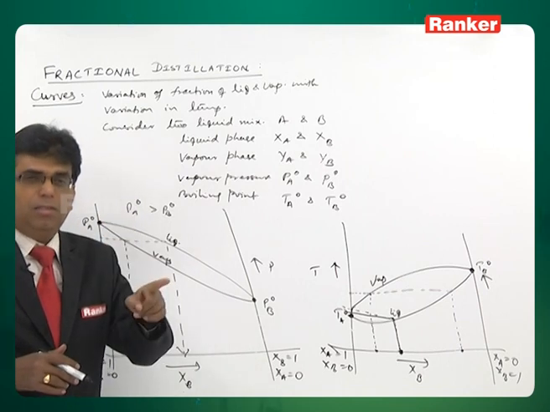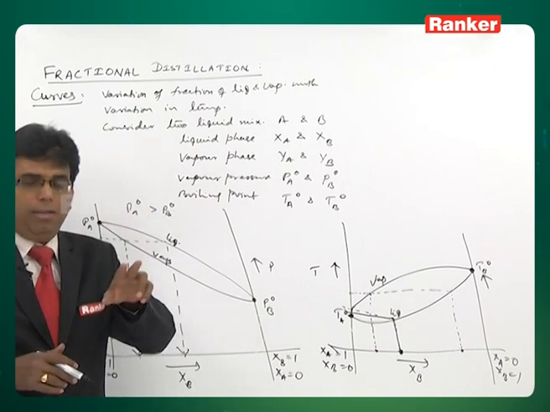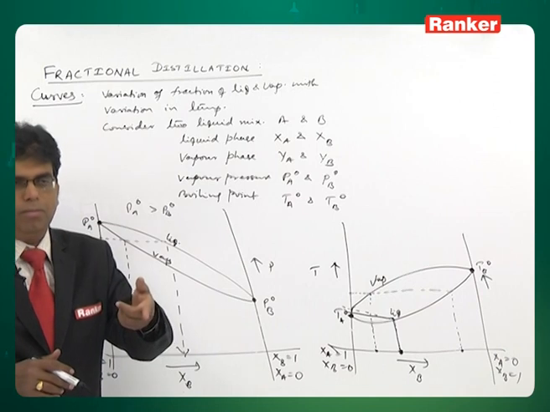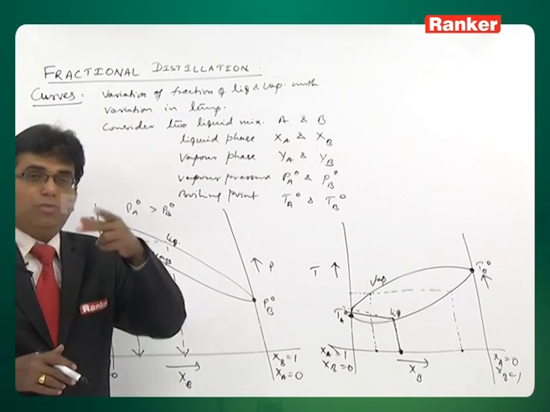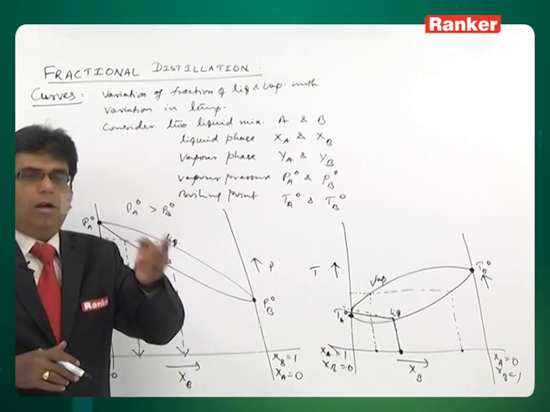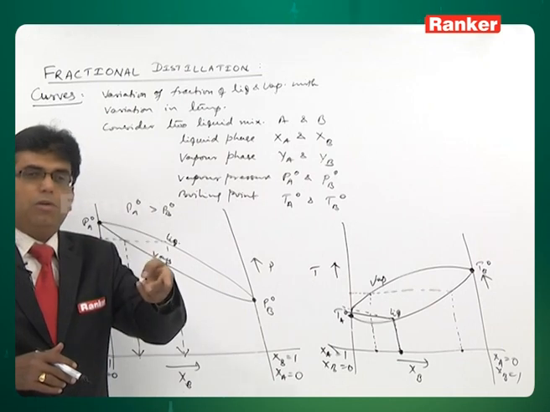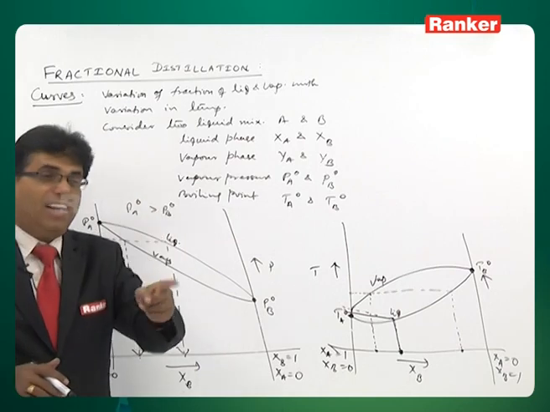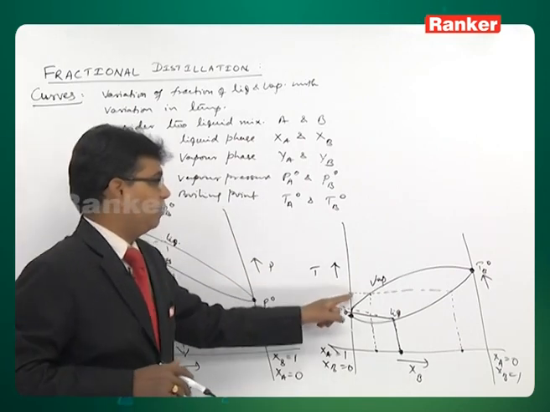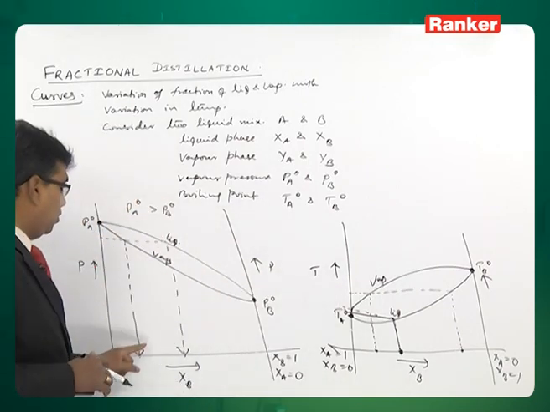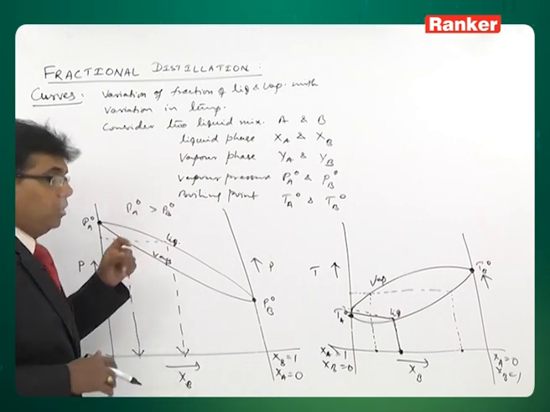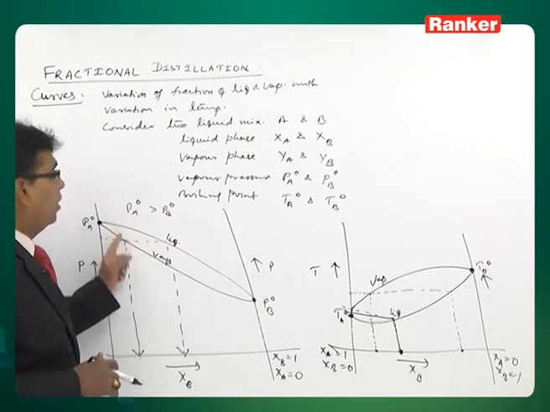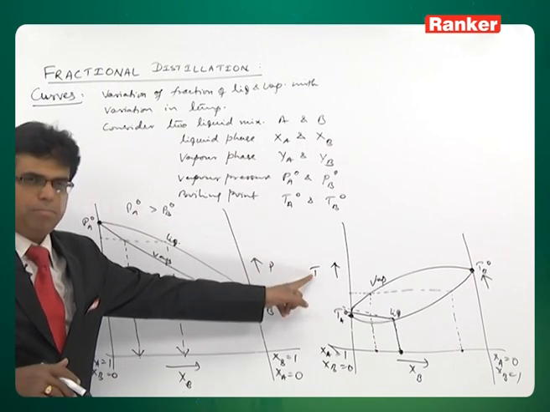For such ideal solutions, these are the kinds of graphs we get for the composition of the two compounds A and B during fractional distillation.